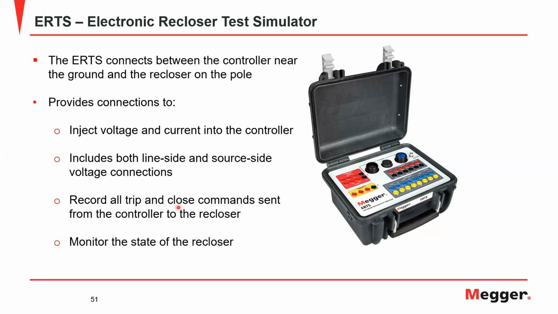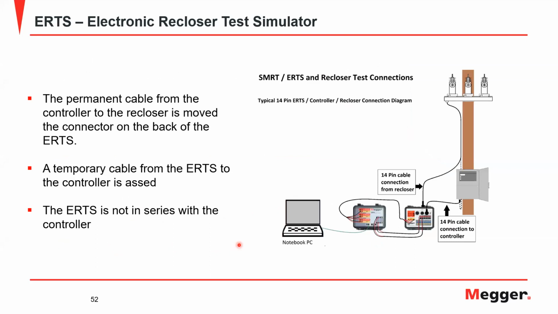It also gives us the ability, the connections, to be able to record all trip and close commands that are passing between the recloser and the controller. And it allows us to monitor the state of the recloser itself. Okay, so how does this work? You have the cable coming down the pole that would typically connect to the recloser controller.